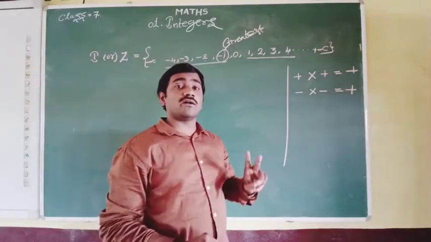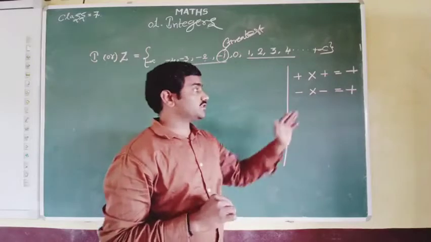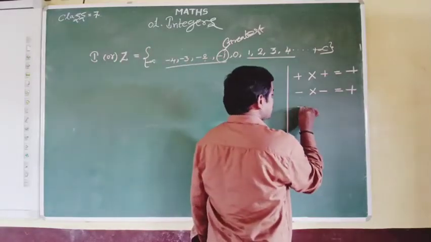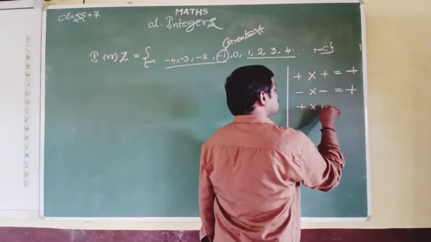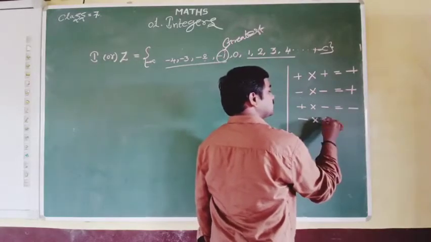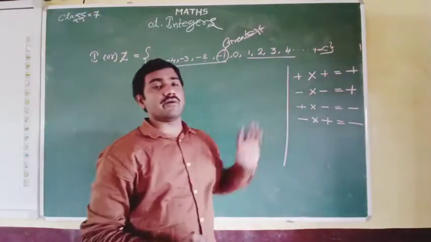If you multiply two negative numbers, you get a positive value. This you remember. The next two are very simple: plus into minus equals minus, and minus into plus also equals minus. These four you need to remember.